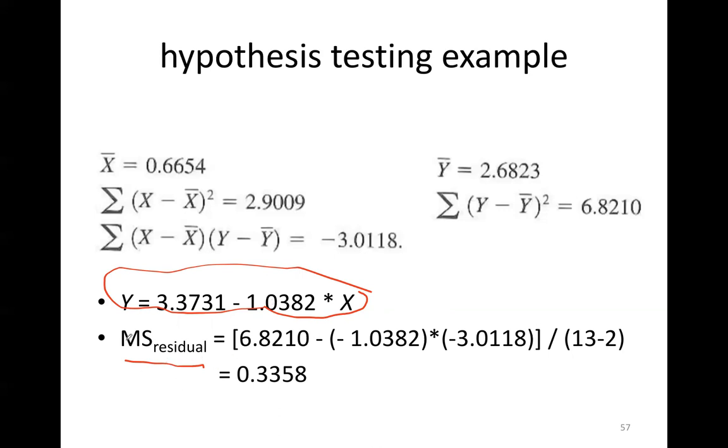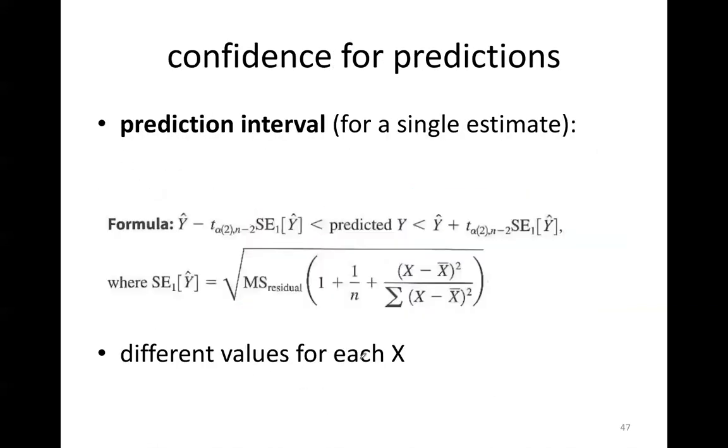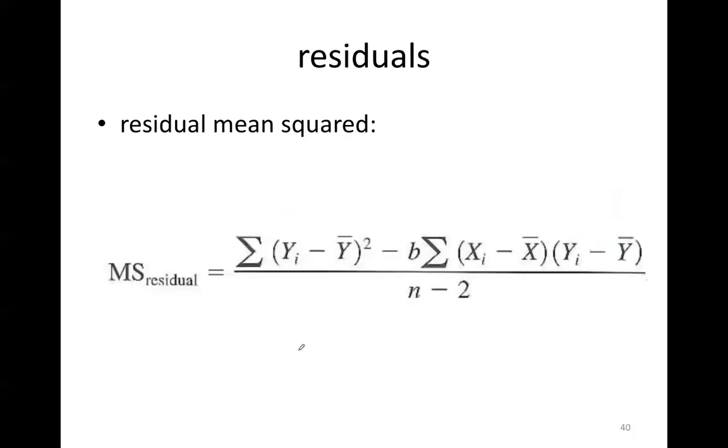Okay, so we can use the residual mean squares to estimate the standard error, but not directly. We'll see that in a second. The residual mean squares, as you might remember, you can estimate from the predicted y values, that is y hat, minus the observed y, or vice versa, it doesn't matter, squared. But there was also this shortcut formula here.